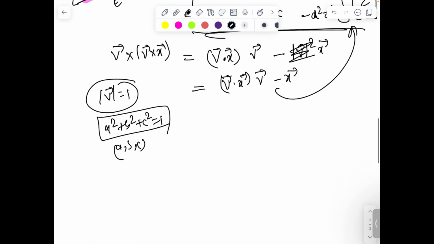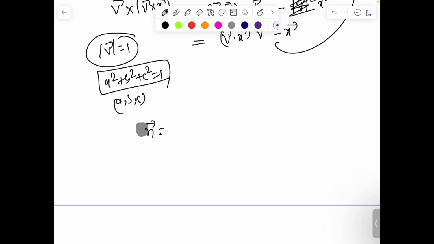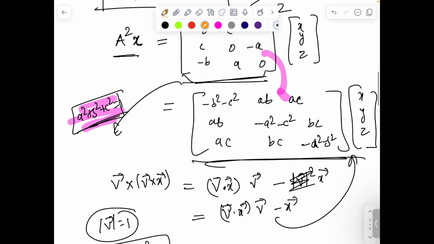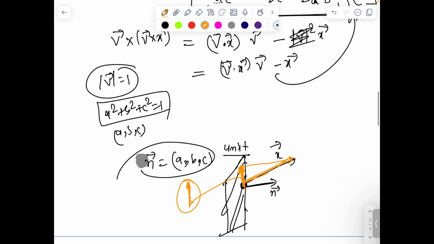And that has a very cool geometrical meaning, because it simply tells us that if we have an n vector as (a, b, c), which is a unit vector in this case, then it can easily be shown, and it is very surprising, that the orthogonal projection of any vector x into the plane perpendicular to this n cap, and let's say this plane is passing through the origin, will simply have the component A square x.